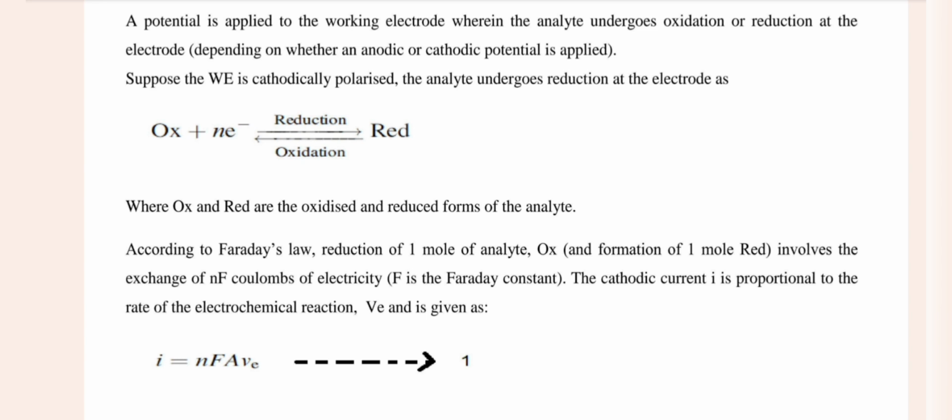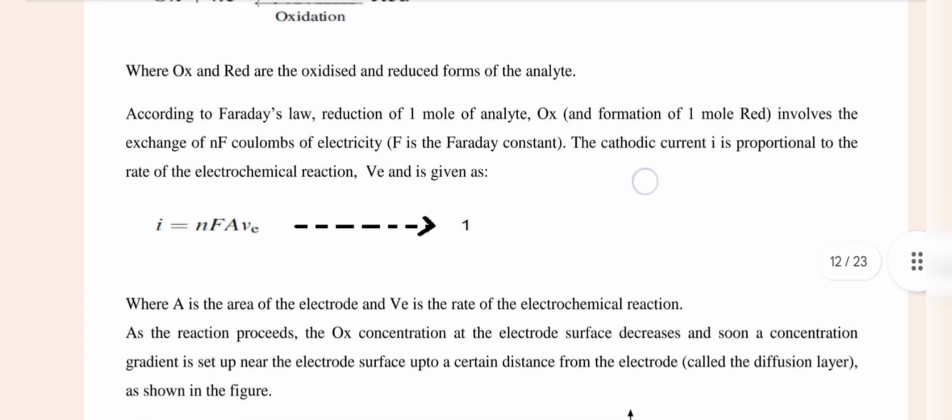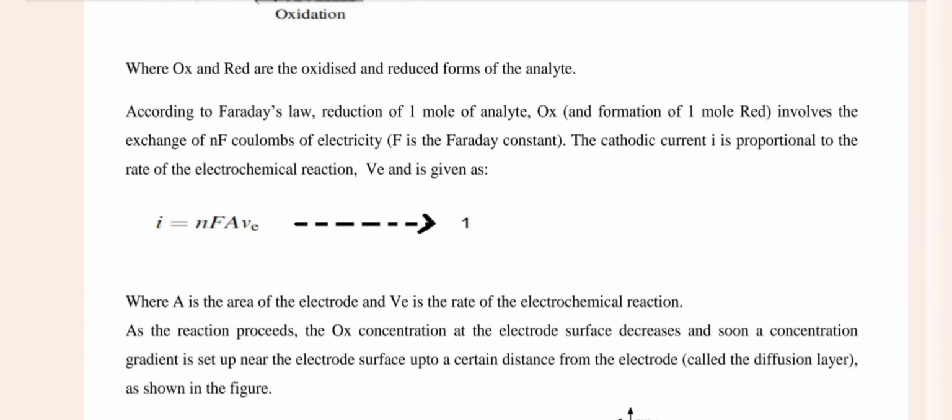So the cathodic current produced due to this cathodic reaction is proportional to the rate of electrochemical reaction, v_e, by the following equation, that is, I = nFAv_e. Here I is the cathodic current, v_e is the rate of electrochemical reaction, n is the number of exchanged electrons, F is the Faraday constant, and A is the area of the electrode.